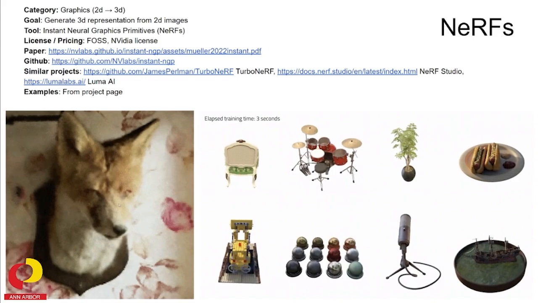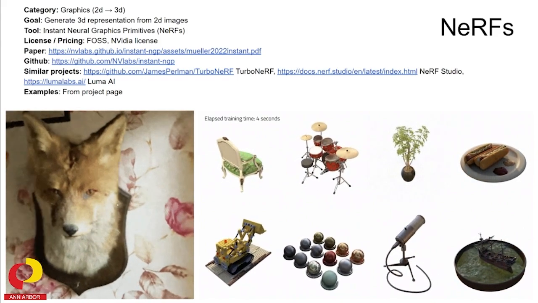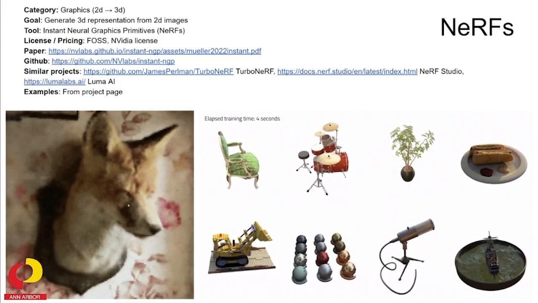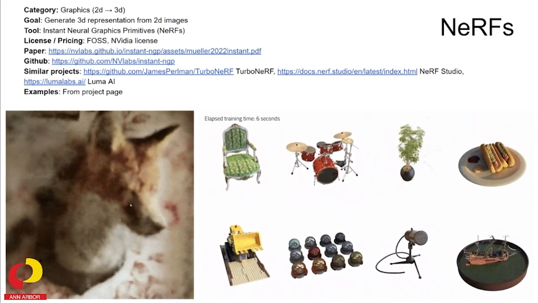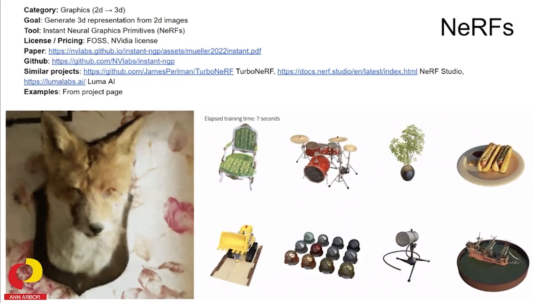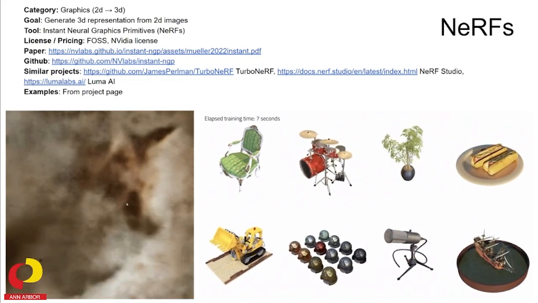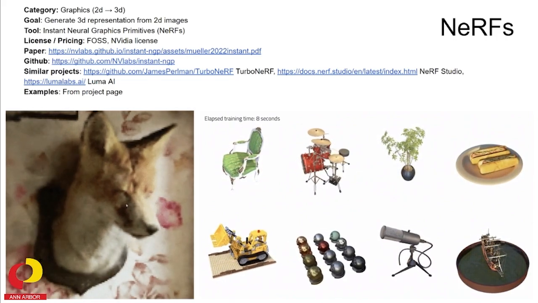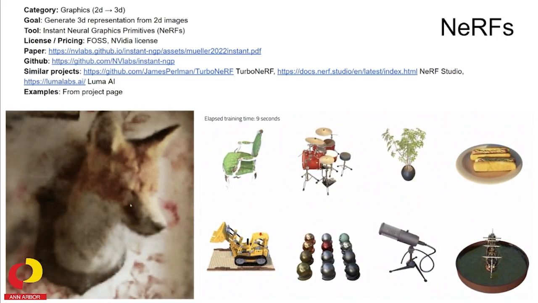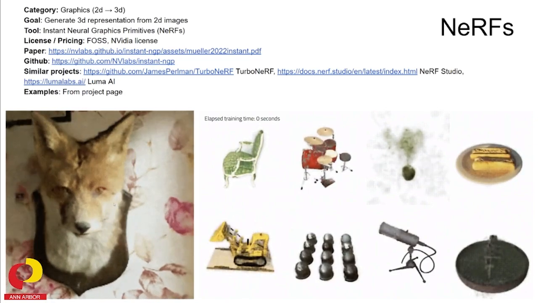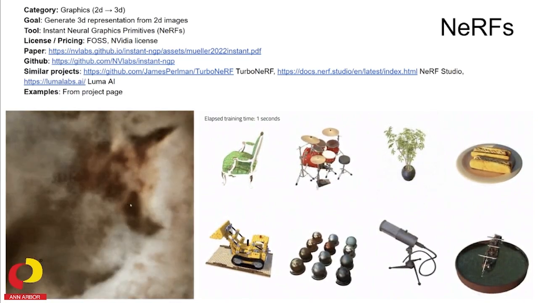So you can basically, this one starts from a handful of images and extracts a 3D renderable representation. So it might be a point cloud, it might be a mesh, it might be marching cubes of voxel model. NERF is another model. That's pretty slick.